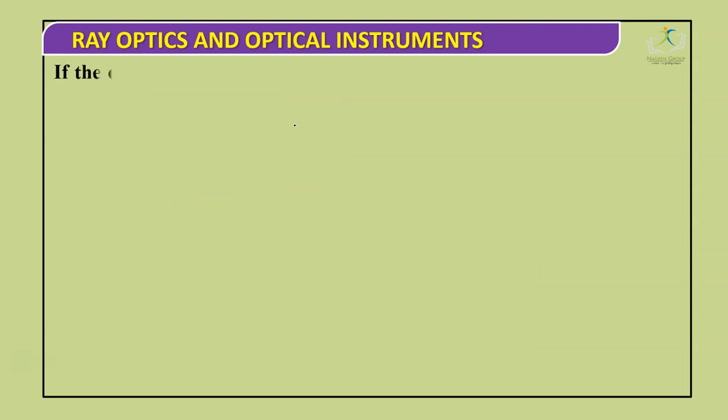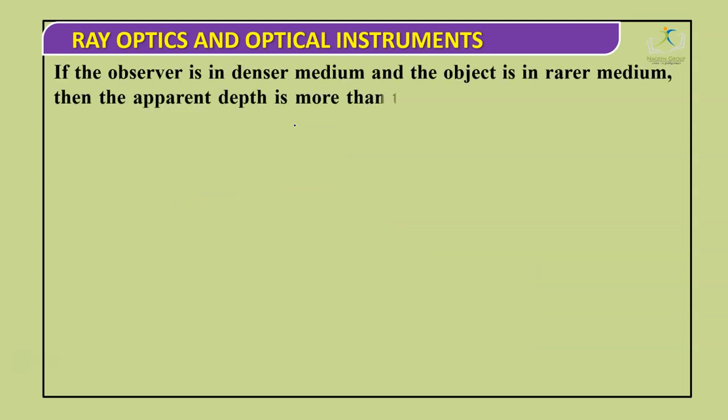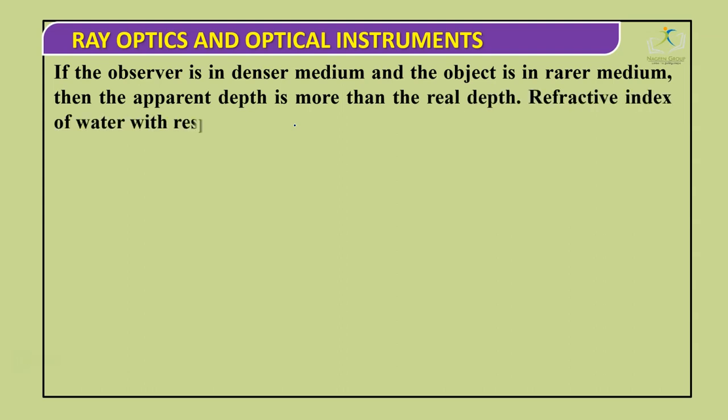So in that scenario, the bird can easily catch it. So we can say that apparent things are observed by the fish.